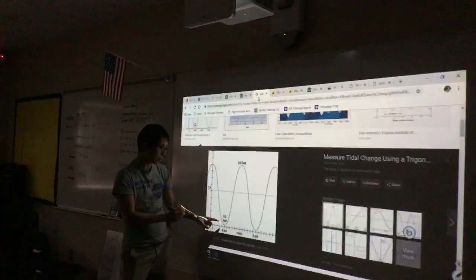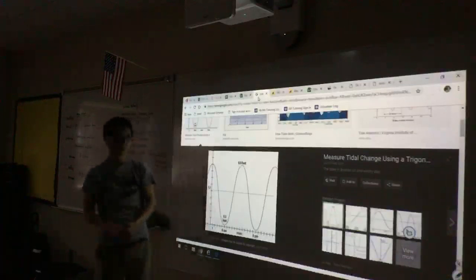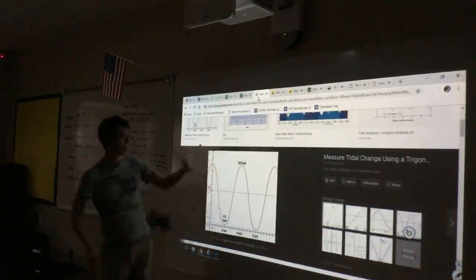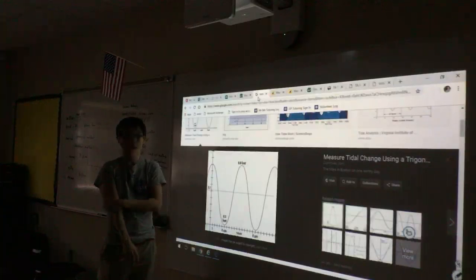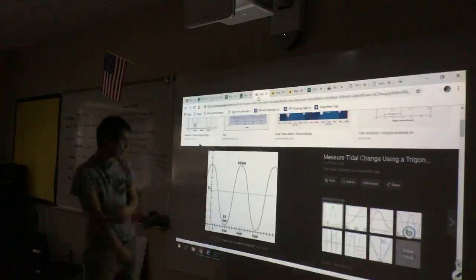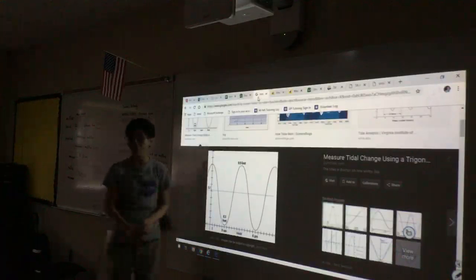So let's think about 12 o'clock. We start at 12 o'clock, we're at the highest, about 9.9 feet. So I stick up a big long ruler, maybe 20 feet long, and connect the ball to it. At 12 o'clock, it's at 9.9 feet. And there's a time change. Every hour I do a measurement.